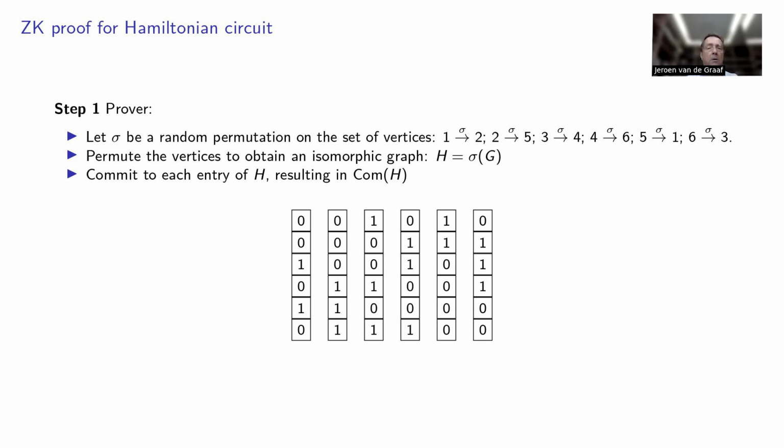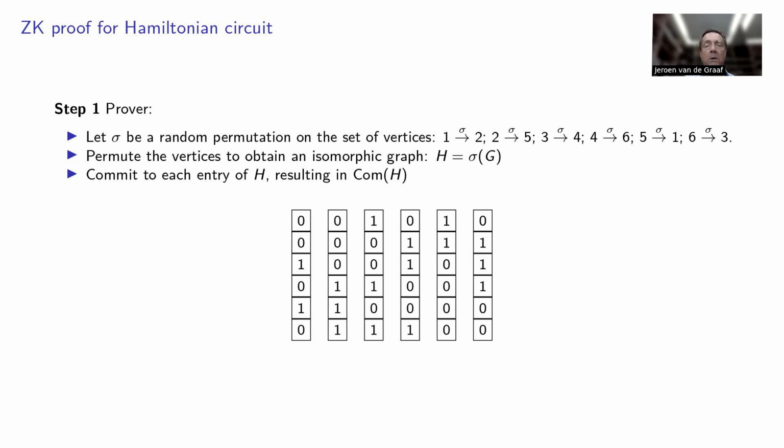So detailing step 1. We're going to assume that the prover creates a random permutation on a set of vertices. So I gave this example here. This is a permutation between the 6 vertices. And so it will apply this to the graph, and this will give us an isomorphic graph, which is called H. Okay, and then you must apply this to the incidence matrix, which is done here, and you're going to commit to each entry of this incidence matrix.